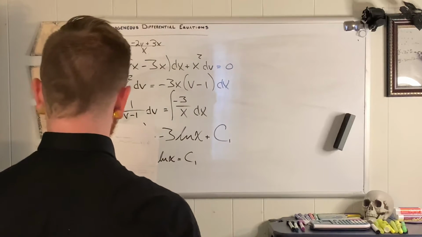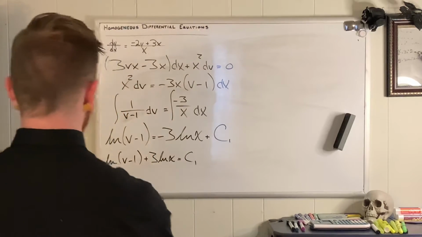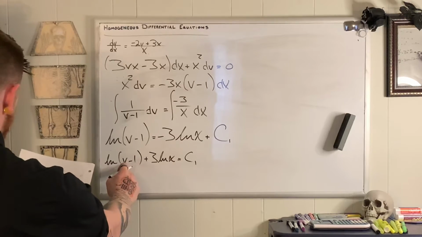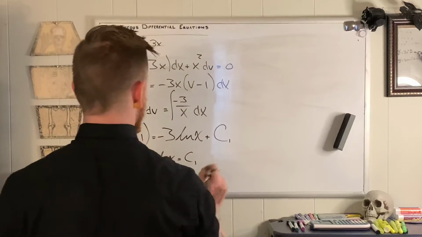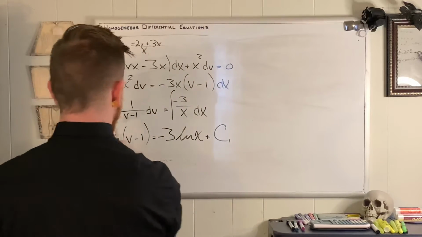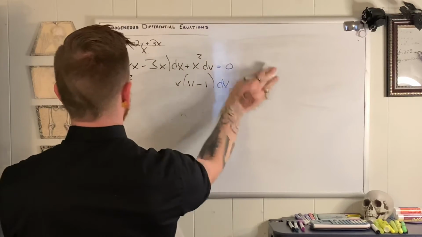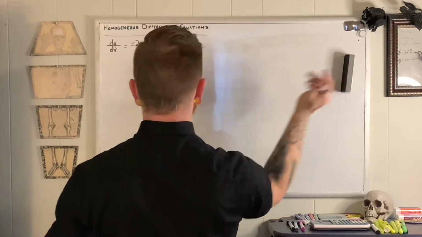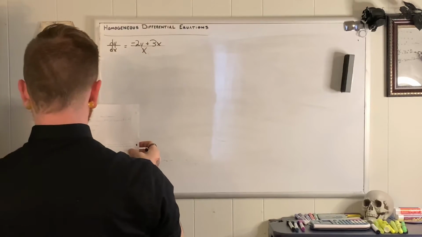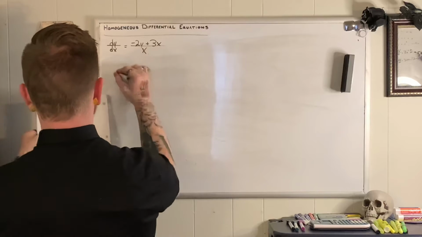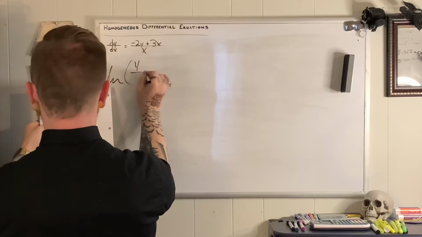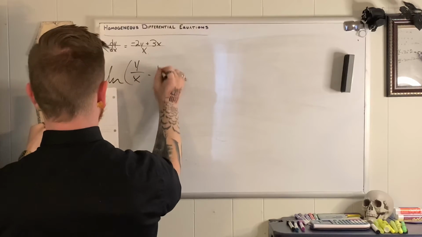And from here, we can start substituting back in. So we know that our v was equal to y over x. So we could rewrite this as natural log of y divided by x minus 1.